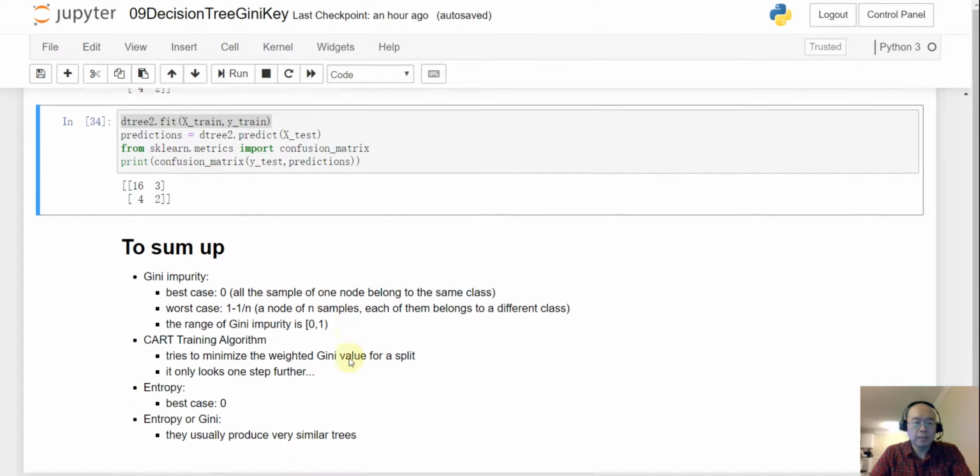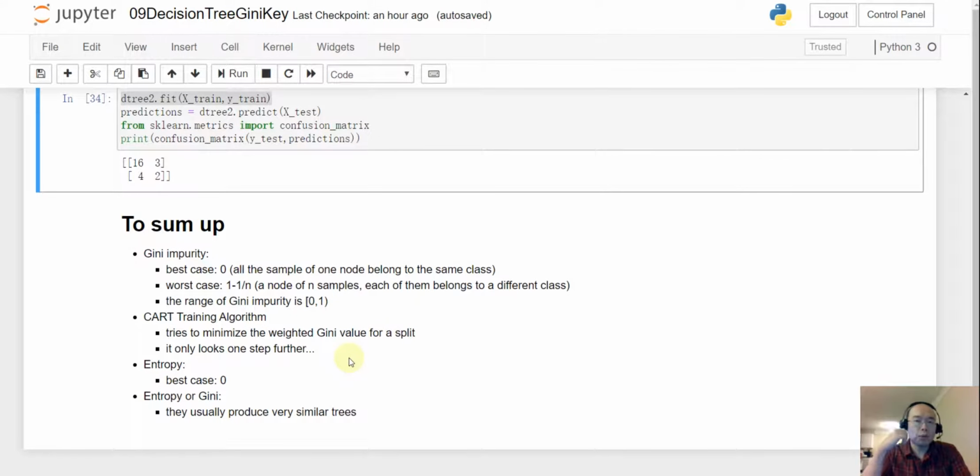Okay, so let's do a very quick wrap up. We talked about the Gini impurity first, and that is the Gini impurity for the decision tree. It's not the Gini index, which is an economic term. In the best case, for the Gini, we will have a 0, and in the worst case, we will have a value very close to 1.